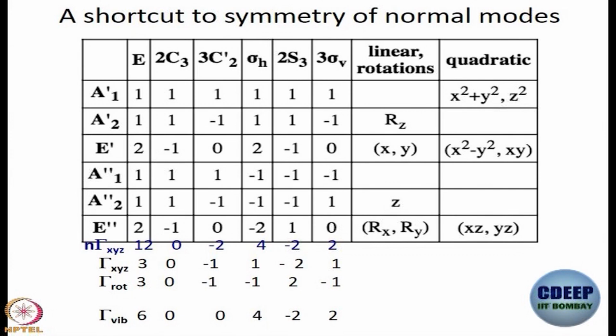1 multiplied by 6 is 6, plus 0, plus 4 multiplied by 1 is 10. Is that right? Plus minus 2 multiplied by 1 multiplied by 2. That is where we always go wrong. Do not forget, you are summing over all R and there are 12 symmetry operations.